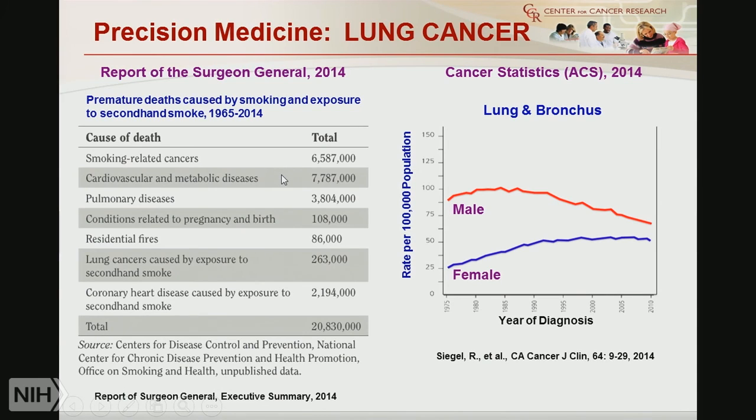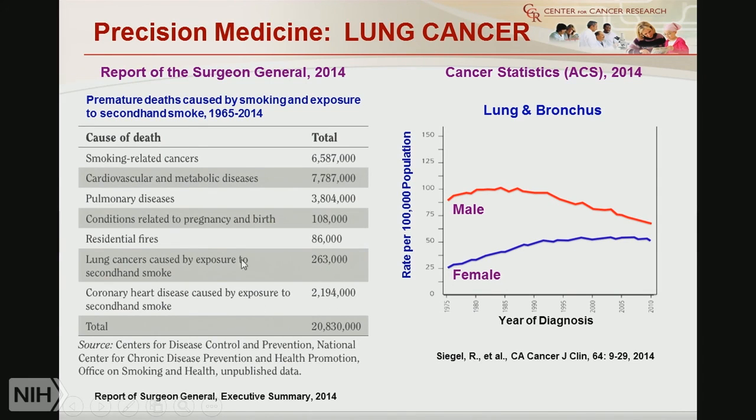And they asked the question, how many premature deaths have been associated with smoking over that 50-year period? The bottom line here is over 20 million people have died because of smoking. And not only for cancer, but also cardiovascular disease and other kinds of conditions.